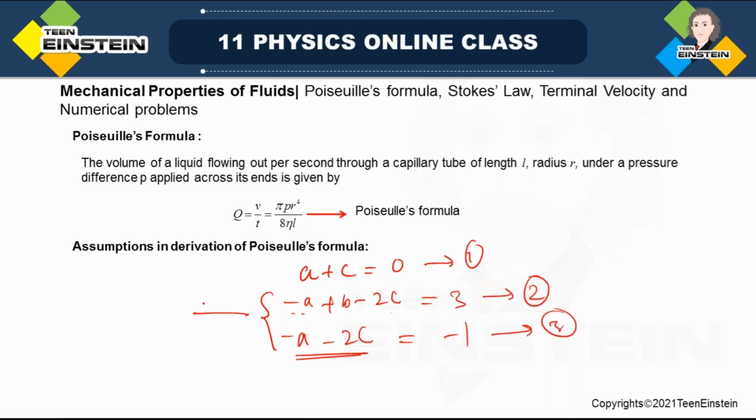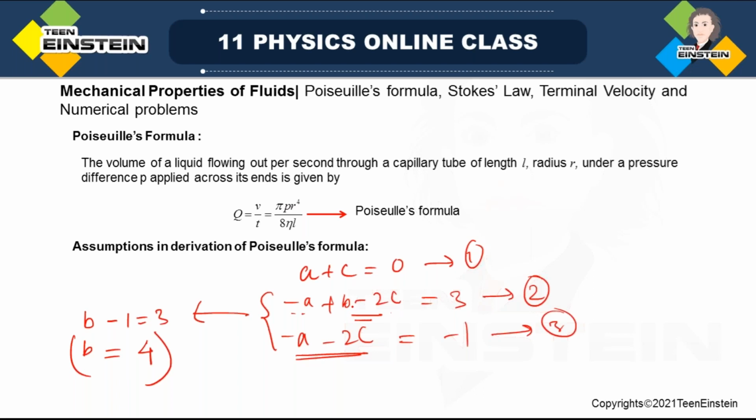Now see, from these two we can get b minus 1 is equal to 3. So you get b is equal to 4, from equation 2 and 3. Once we get b, let me check from here.